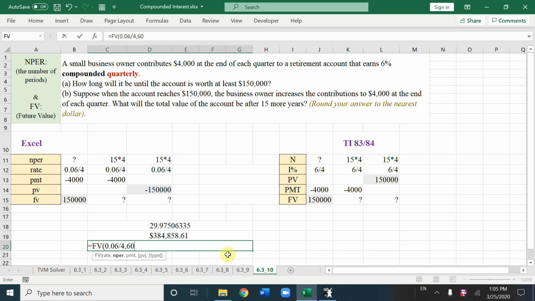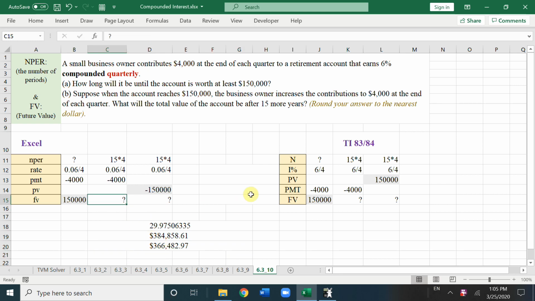NPER is 60. Payment is 0. Enter. You get a positive. So we can copy those answers here, and copy this answer here. For question B, the answer is this number plus this money. So in total you would have that much money.